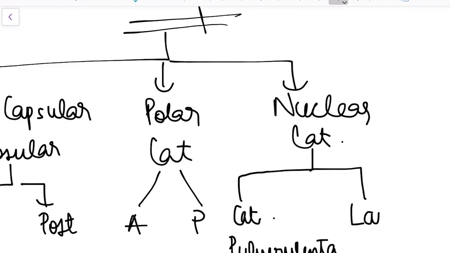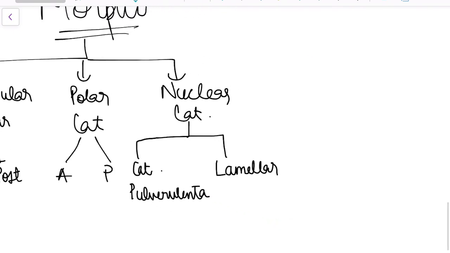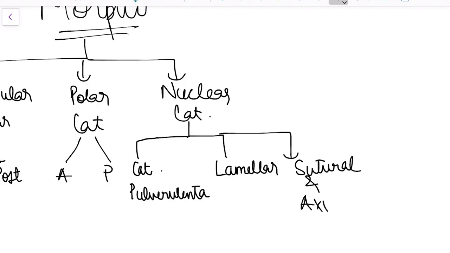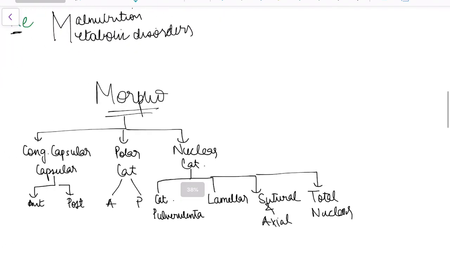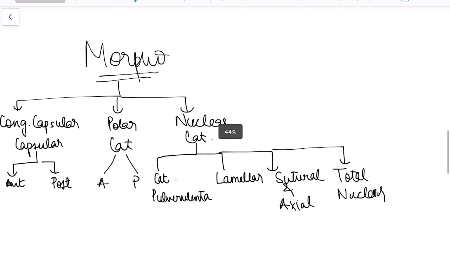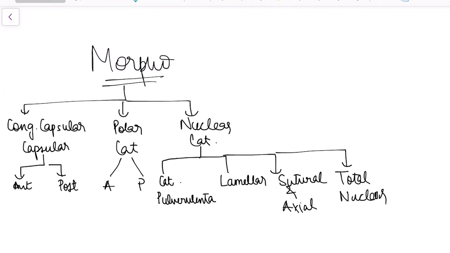Second is lamellar. Third is sutural and axial, and the fourth one is total nuclear. And you will revise 1 or 2 times, you will easily remember these. Okay, and the fourth one, generalized cataract.